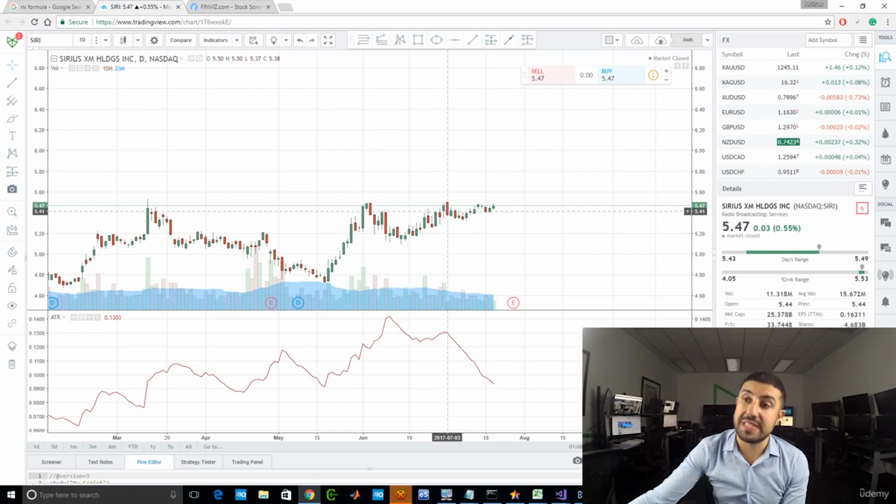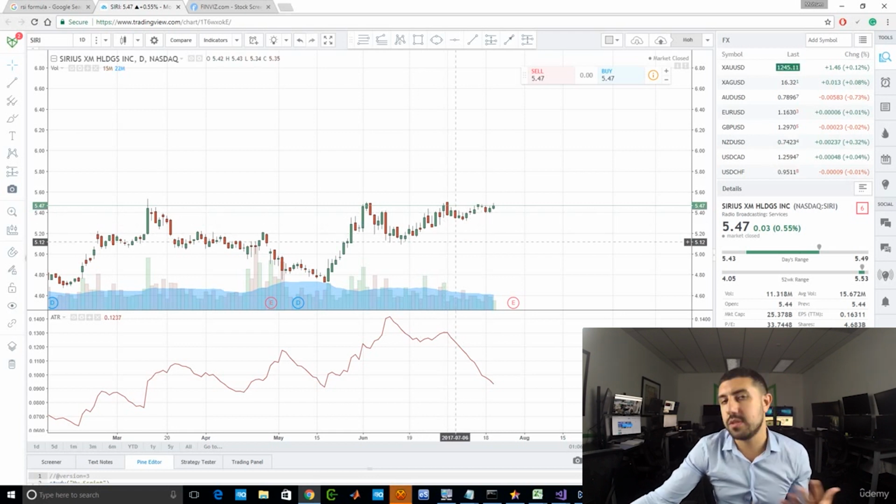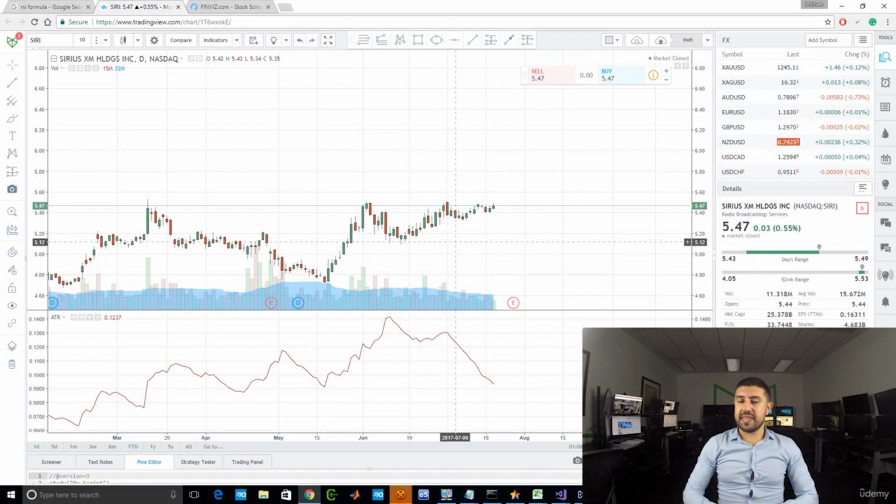But if it was Apple and it only made 40 cents, it's not a good move. So you always want to look at the ATR, know how volatile your stock is, so you're able to place your stop losses and take profits appropriately, which is something we're going to be doing in maybe not the next lecture, but one of the following ones.